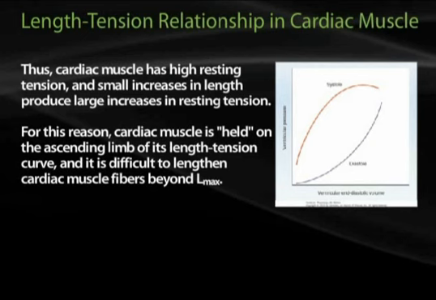Thus, cardiac muscle has very high resting tension, and small increases in length produce large increases in resting tension. So as you stretch out the left ventricle, it's able to generate more resting tension. For this reason, the cardiac muscle is held on the ascending limb of its length-tension curve, and it is difficult to lengthen or stretch out the cardiac muscle fibers beyond the Lmax.